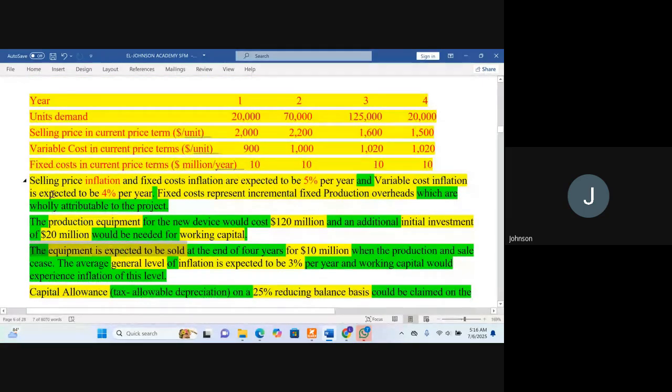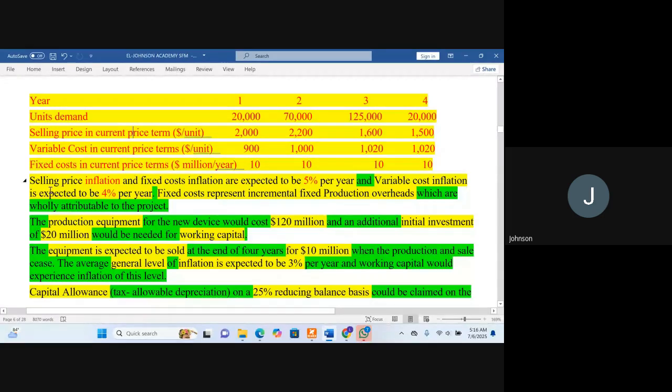Then here, when you have selling price inflation rate of 5%, fixed cost inflation rate of 5% and variable cost inflation rate of 4%, put dash, write inflation, so that you know where your inflation is. Once you check your book, you know where inflation is. Then also you need to check if they tell you that the cash flows are in today's price or in current price. They are trying to tell you that they have not been affected by inflation. All of them have not been affected by inflation.